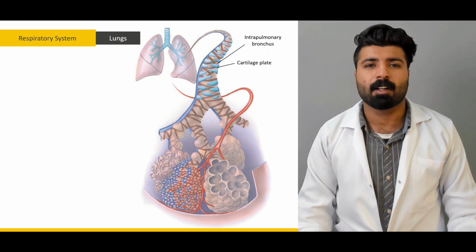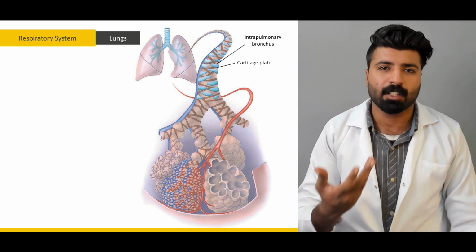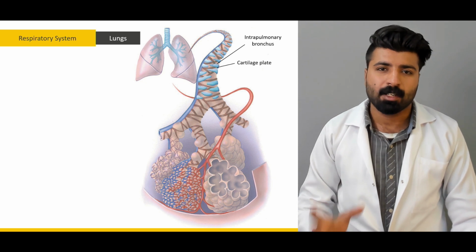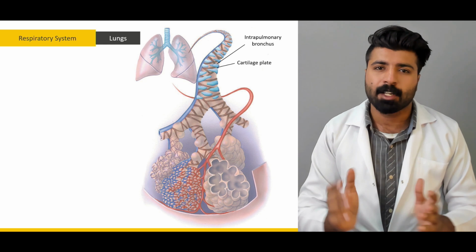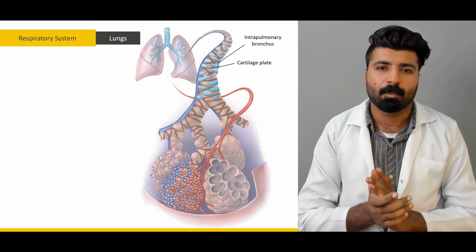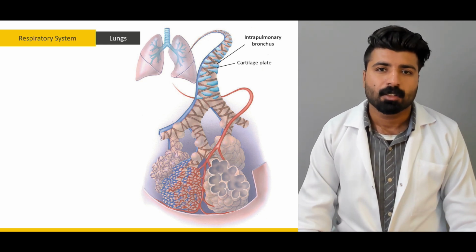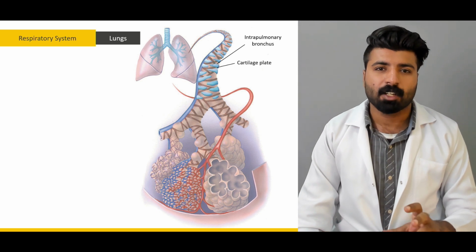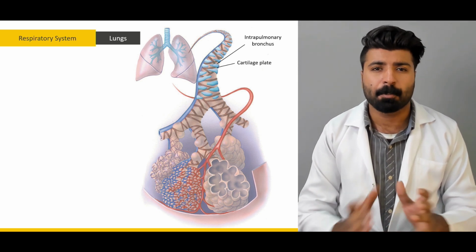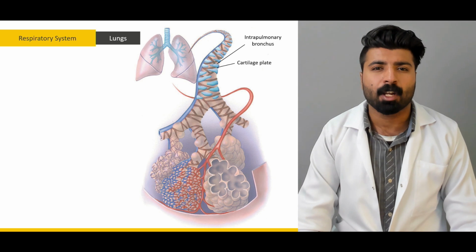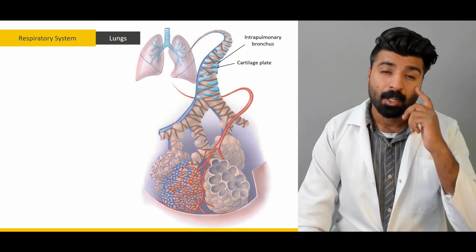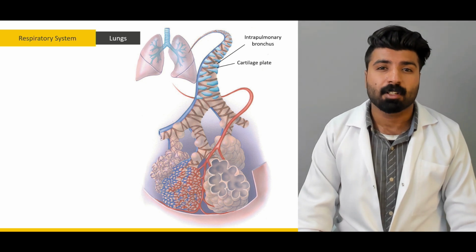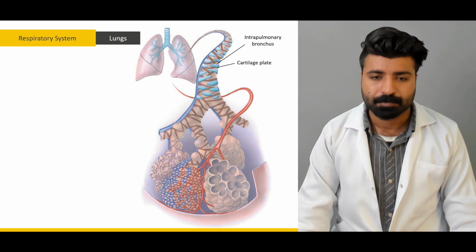Sometimes the pressure of the air leaving the whole system might lead to the collapse of that bronchus or alveoli. So these cartilage plates are here to protect the trachea and interpulmonary bronchus. On the other hand, in alveoli, the pressure does the same work of not letting it collapse.